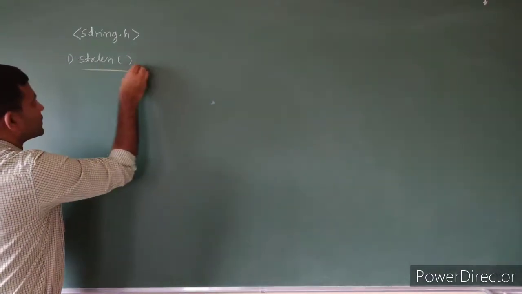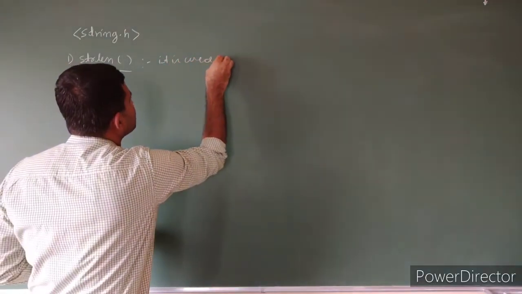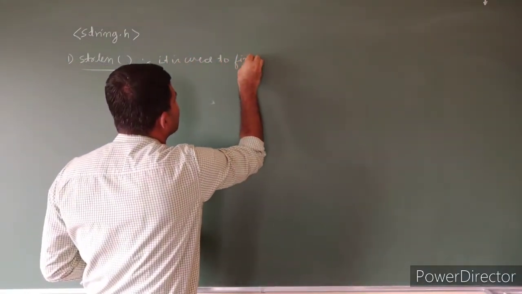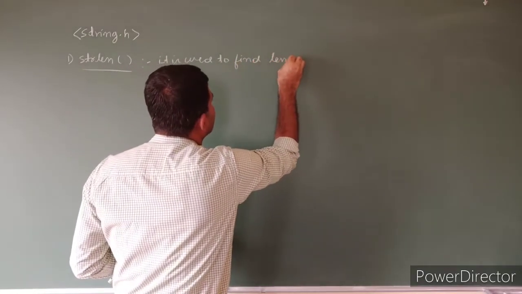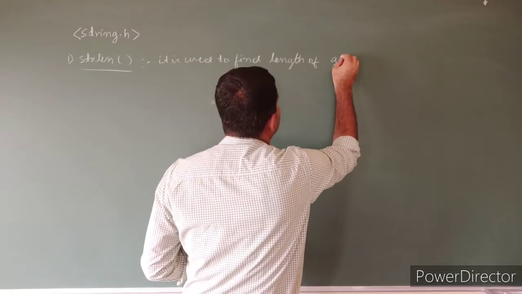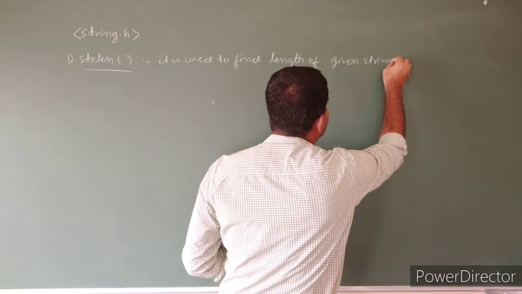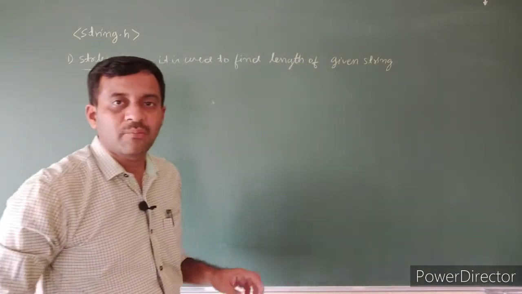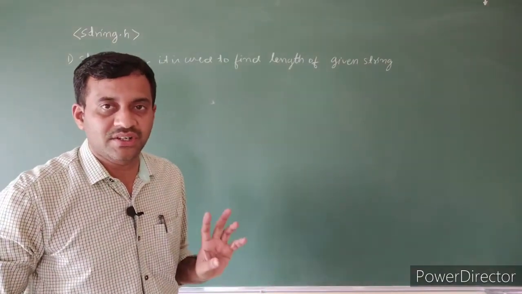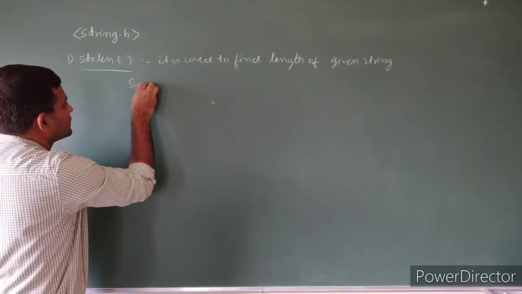It is used to find the length of a given string. Here, length of a given string means it is used to find the number of characters present in a given string. See the general syntax of strlen.